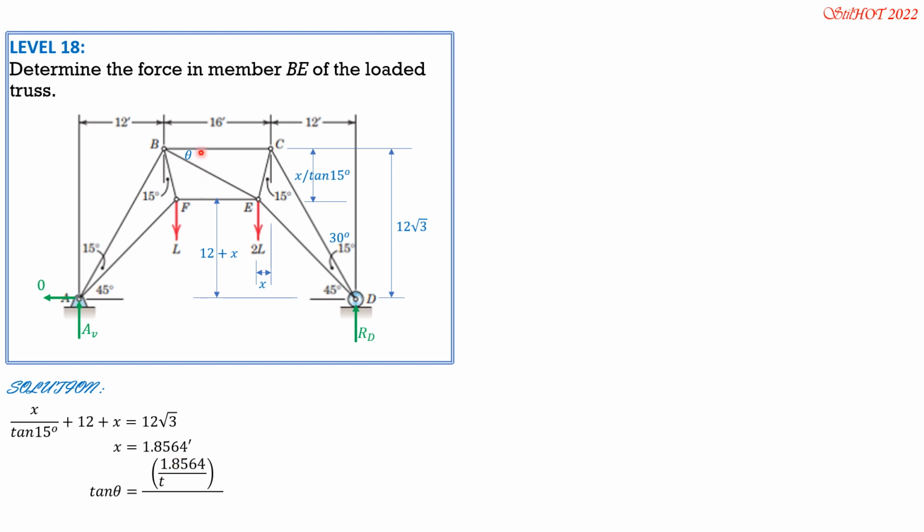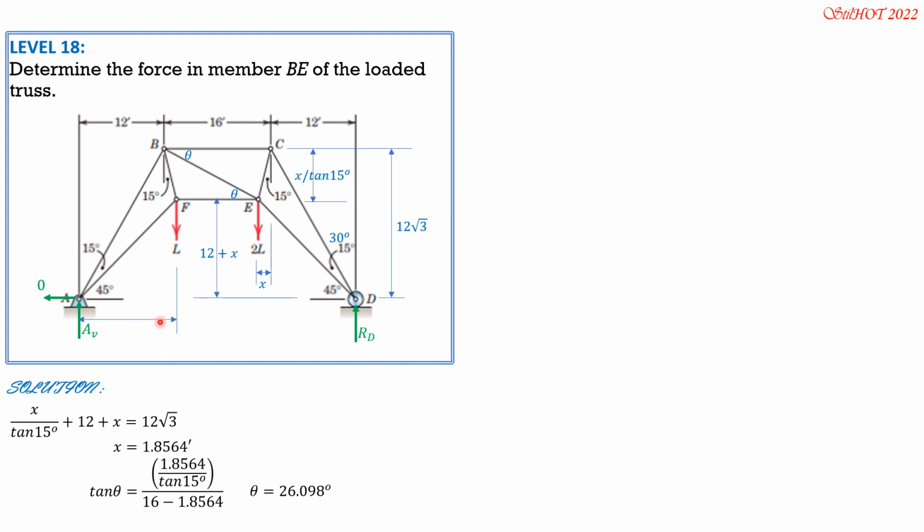By the way, tangent theta is x over tangent 15, 1.8564 over tangent 15, divided by 16 minus x. So this horizontal distance is 16 minus 1.8564. So theta can now be solved: 26.098 degrees, the angle that BE makes with the horizontal, and we need that. So this is also theta from the horizontal.